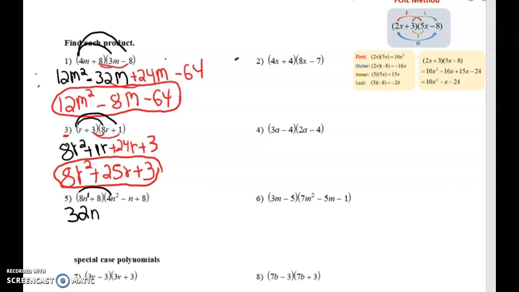So that's going to be n cubed. 8n times negative n would give me a negative 8n squared, right? And now the 8n times the 8 is going to give me a positive 64n.